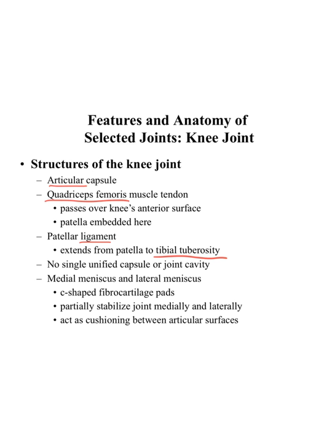And because this joint bears so much weight, we have additional structures, fibrocartilage pads called the medial and lateral meniscus. So two fibrocartilage pads for each knee. These help cushion and stabilize the joint as well.